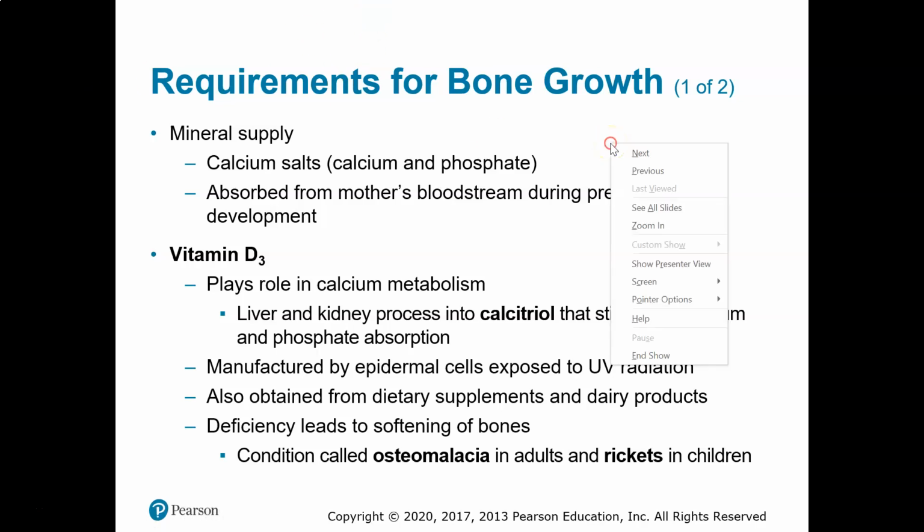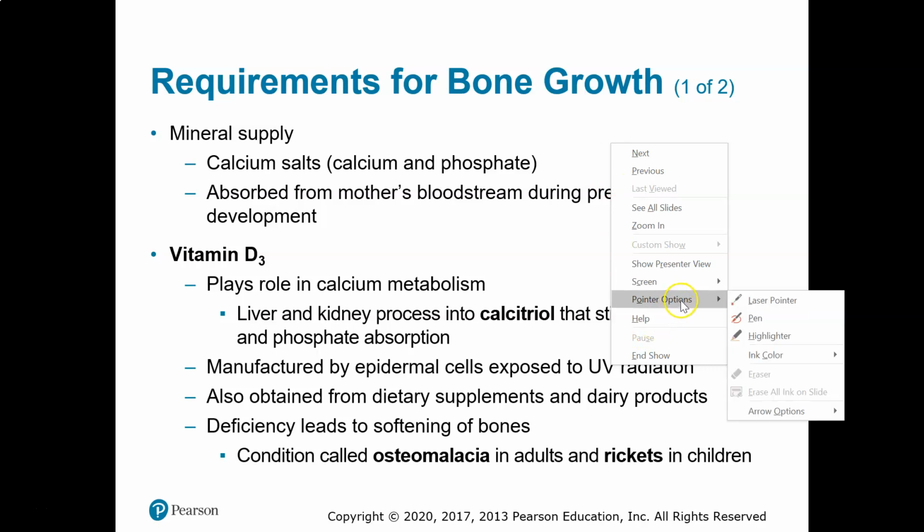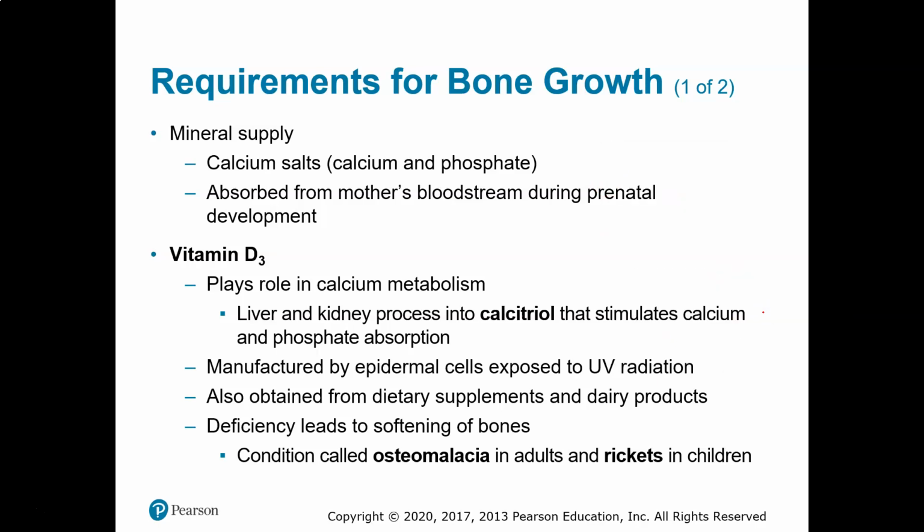What bones need in order to grow are the minerals calcium and phosphate, calcium salts, in other words. These are absorbed from the mother's bloodstream during prenatal development. In fact, the mother also often has low calcium levels because the baby competes for the calcium.